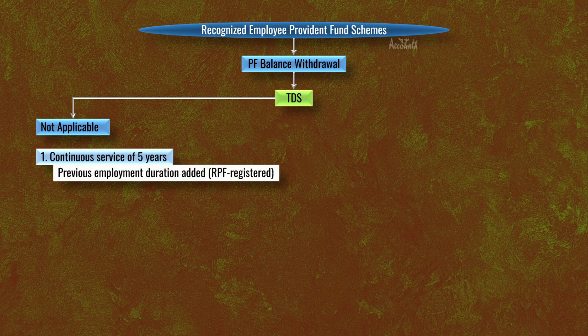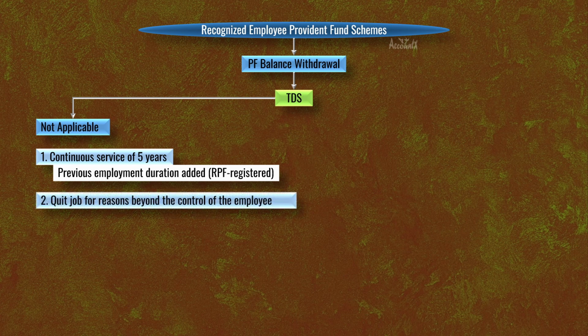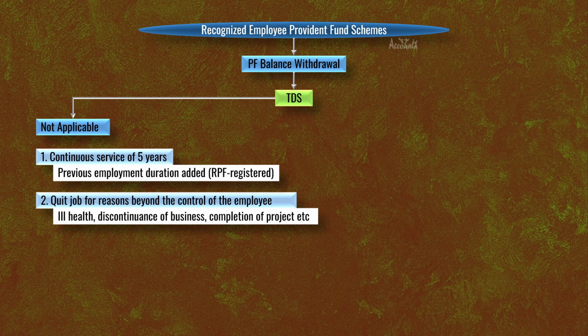Here, the duration of your previous employment would also be added if your previous employer is also registered with this RPF scheme. Second, you quit the job because of reasons which are beyond your control. Say because of your ill health or discontinuance of business, that is your employer has discontinued business, or let's say the project for which you were hired is completed and so on.